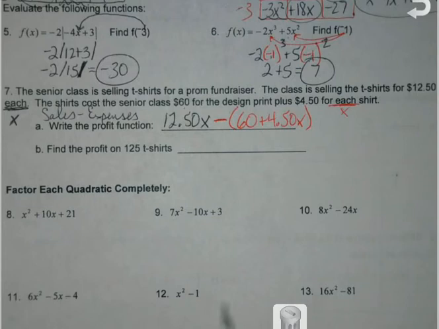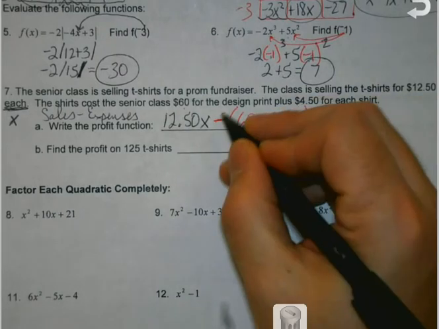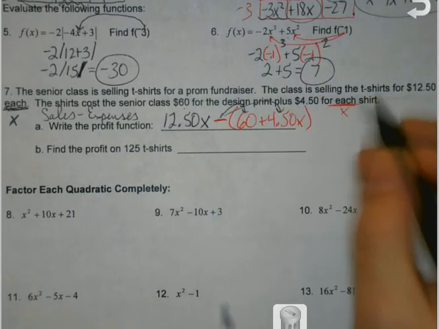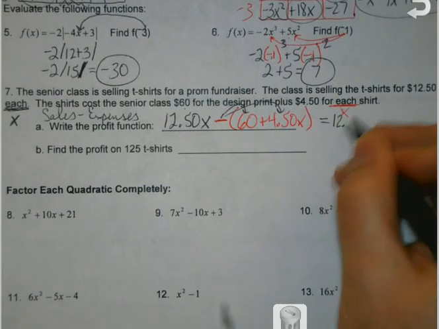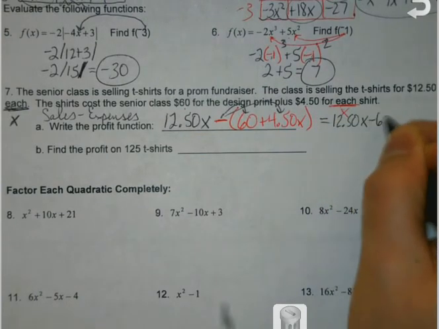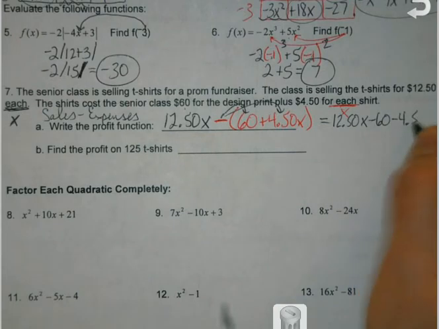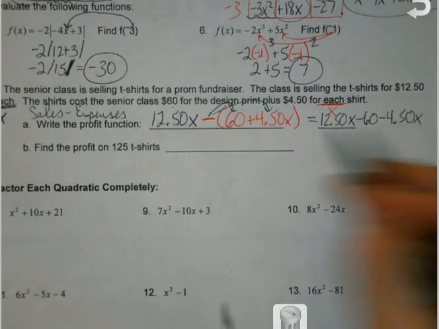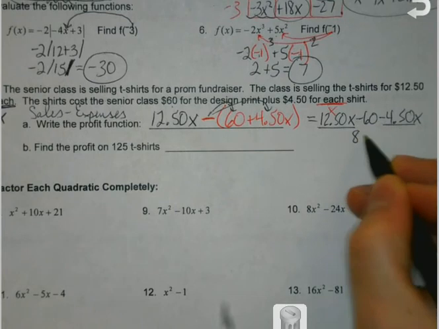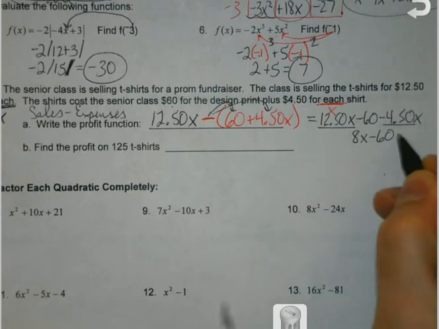And then here we want to simplify this, so when we go to find a value, it's a little easier. So I'm going to distribute that through. So I'd have 12.50x minus 60 minus 4.50x. And I can combine like terms. 8x minus 60.